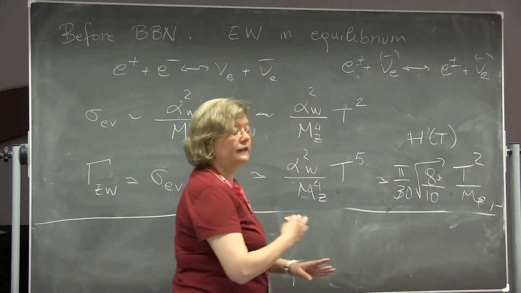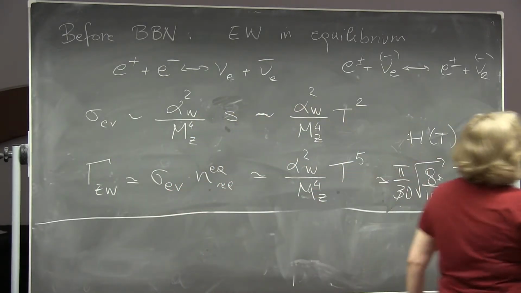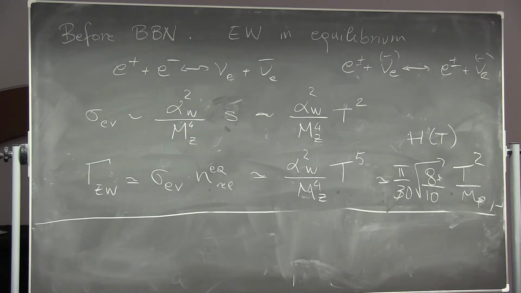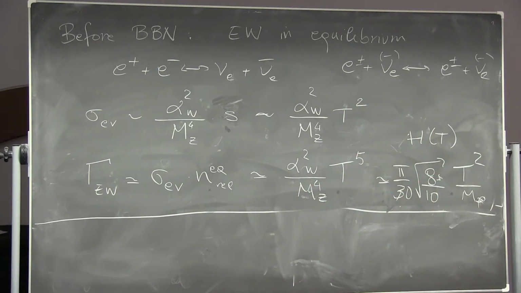This means we will have a crossing of the two, and indeed, this you can simply solve, and you get a temperature for the decoupling which is of the order, well, M_Z to the 4th divided by alpha squared electroweak M Planck, to the 1/3. And here, of course, you can plug in numbers. And if you plug in numbers, what you get out is 3 MeV.